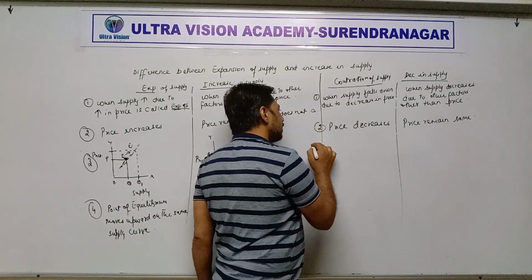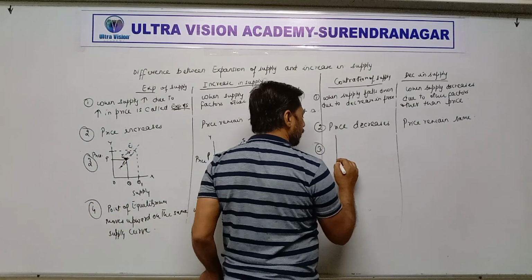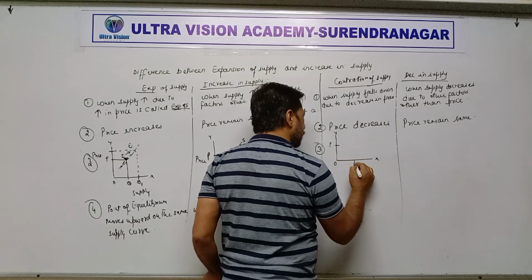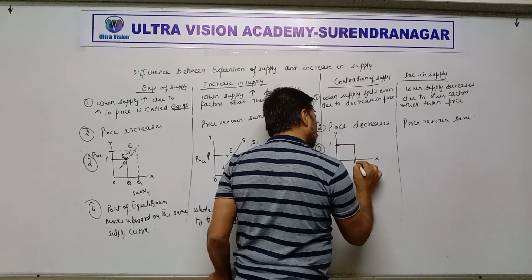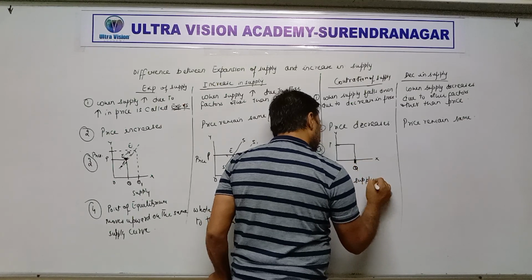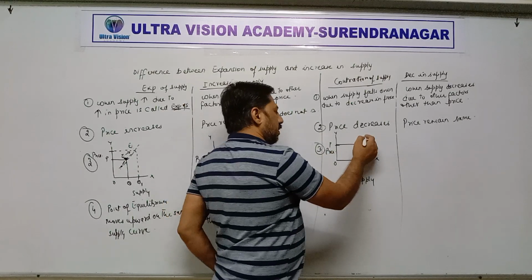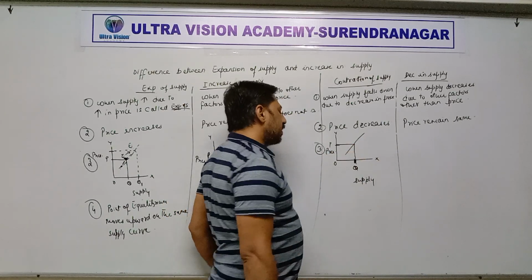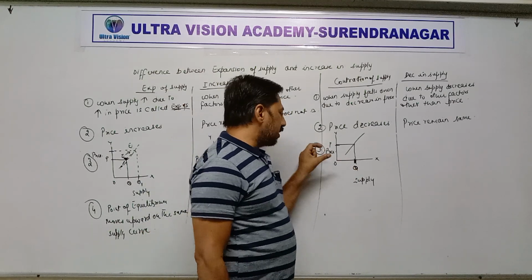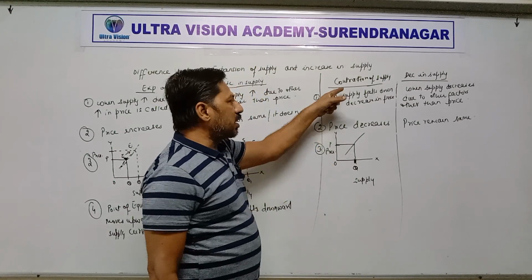Third difference we can show through diagram. Price is OP, supply is OQ. Means at OP price, supply is OQ. Now this is contraction of supply.